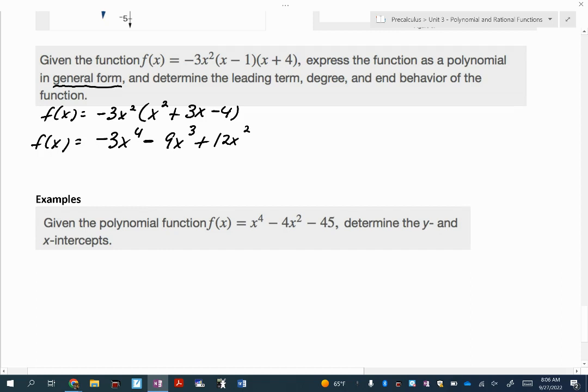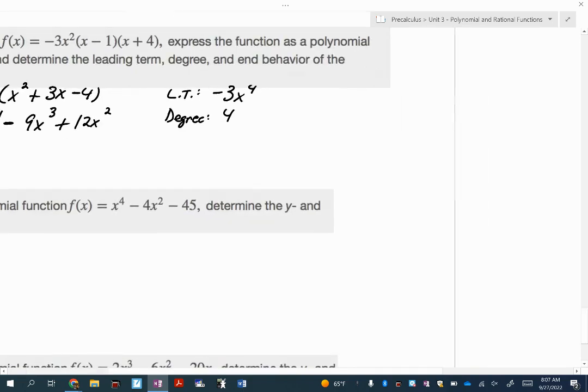So the leading term is negative 3x to the 4th power. The degree is going to be 4. Again, what I care about is that the leading coefficient is negative and the degree is even.